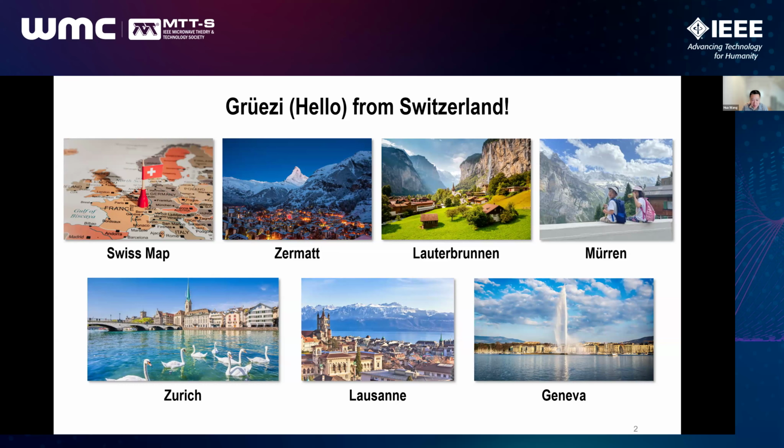This picture shows a village called Zermatt, an iconic place with a pretty famous mountain peak called the Matterhorn. This is a picture of a famous valley called Lauterbrunnen, in the Interlaken area in the middle of Switzerland, famous for its 72 waterfalls across the mountain valley.